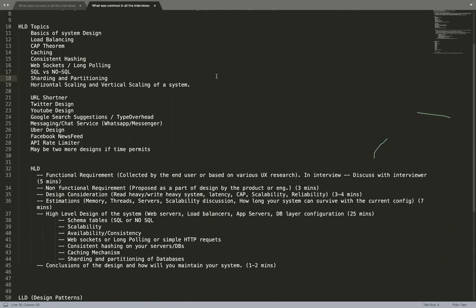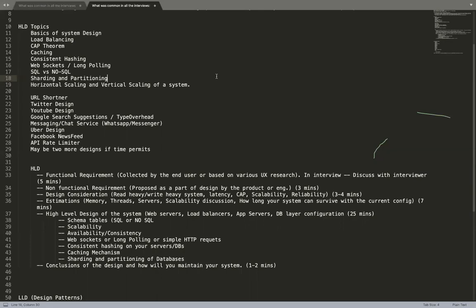So system design is actually asked. Sometimes in the case of product, if you're a PM as well, they'll ask you some questions on system design. In Google that happens, I'm not sure about other companies. Not in detail.